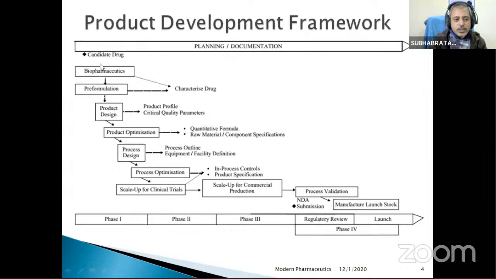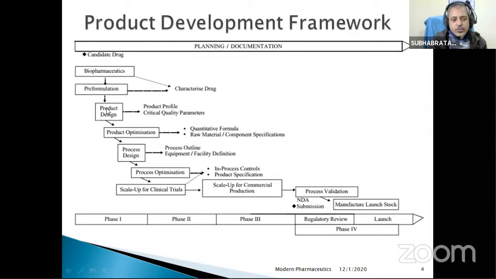So during this period, however, keep in mind that the synthesis is changing. I am assuming that, of course, we are talking about small molecule drug candidates, not biotechnological products. Even with biotechnological products like proteins and peptides, in the beginning phase, that is during phase 1, the supply of the drug molecule is very small.